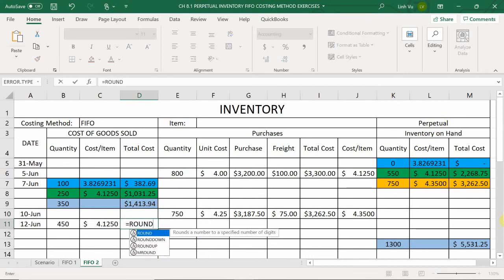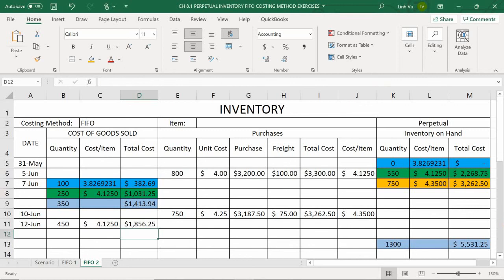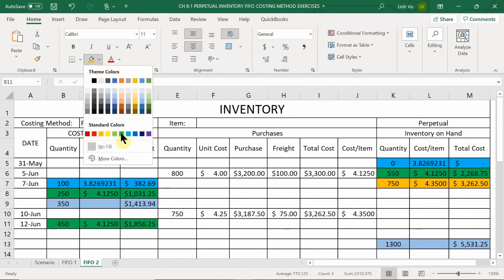So let's do our calculation here. How much is it going to cost me to sell 450 units at $4.125? 1,856.25. Okay, and this one was from the green batch.